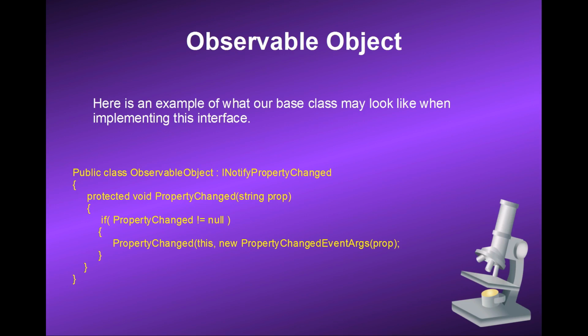Normally I'll name it OnPropertyChanged, and we supply it with a parameter of a string value, which would be the property name. Then we check if the property changed event is null, and if not, then we will set the property changed event, and we will pass it the current class and supply it a new property changed event argument supplied with the property name that was passed as the parameter.